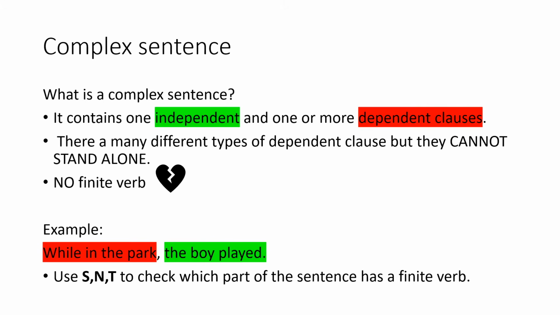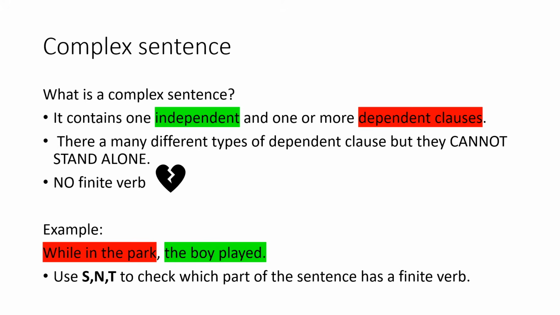While in the park, the boy played. Now we can also use the SNT rhyme to decide which part of our sentence contains a finite verb and is therefore the independent or the main part of the sentence. Let's try the first part of the sentence, while in the park. Does it have a subject? No, while in the park has no subject. Does it have a number?